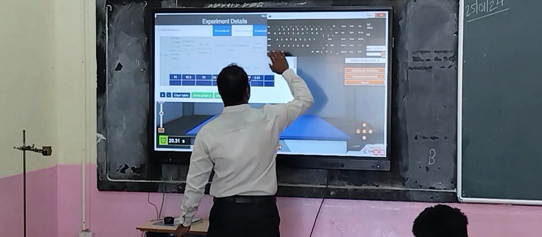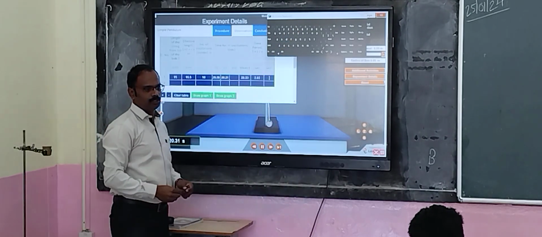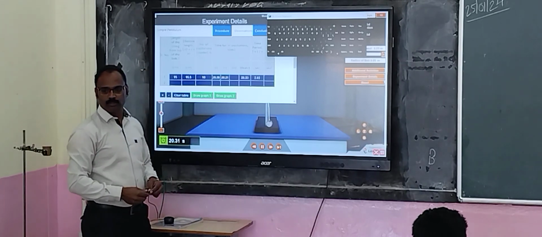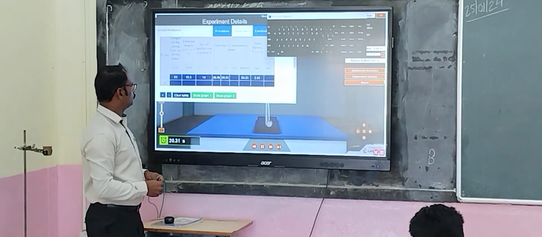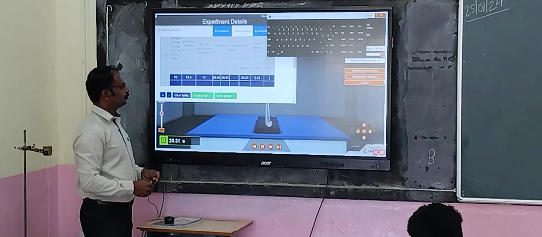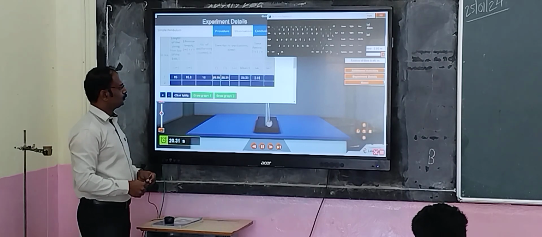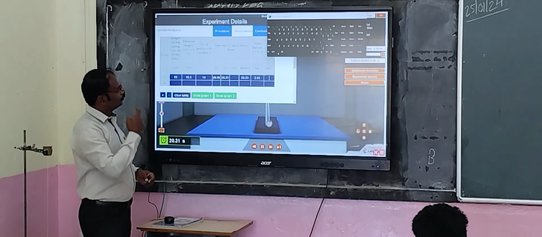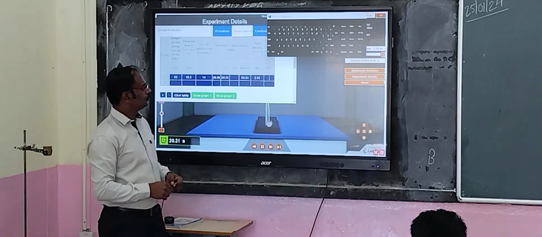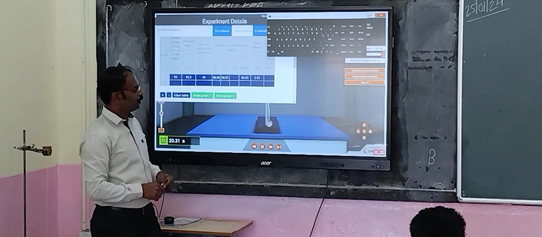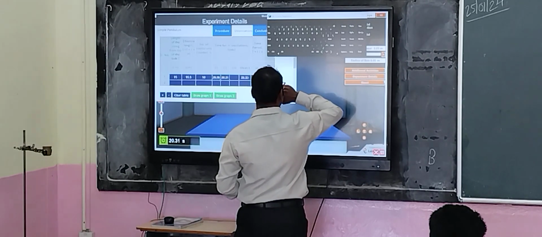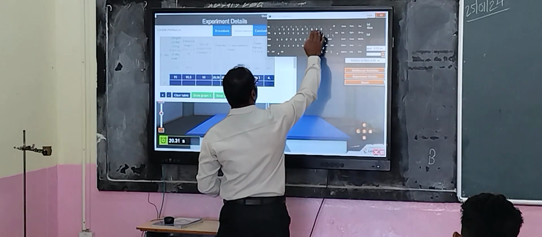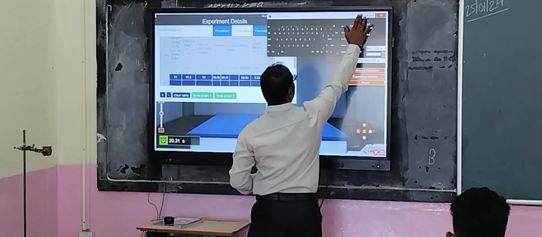Then what is T square? 2.03 squared is approximately 4.1.